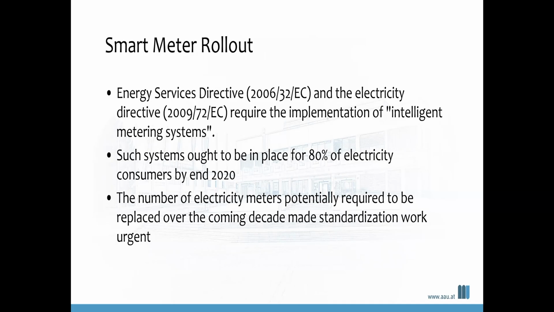This was already started by the Energy Service Directive of the European Community in 2006 and another directive in 2009 that required the implementation of intelligent metering systems. And the idea was that such systems ought to be in place in 80% of electricity consumers by the end of 2020.